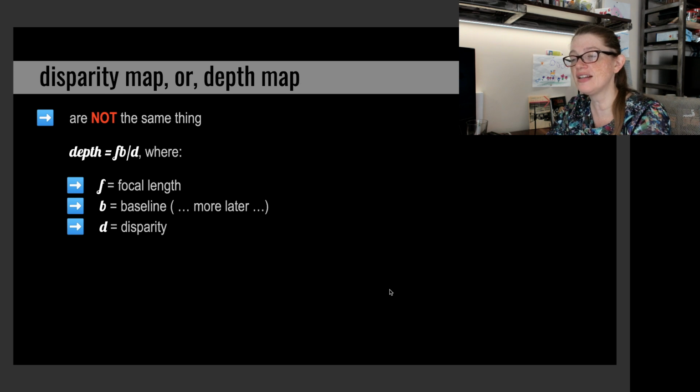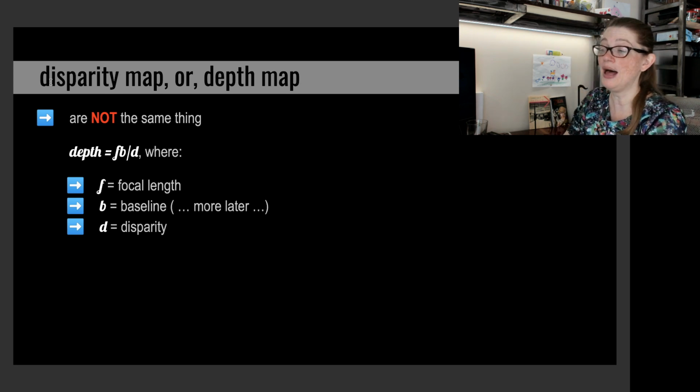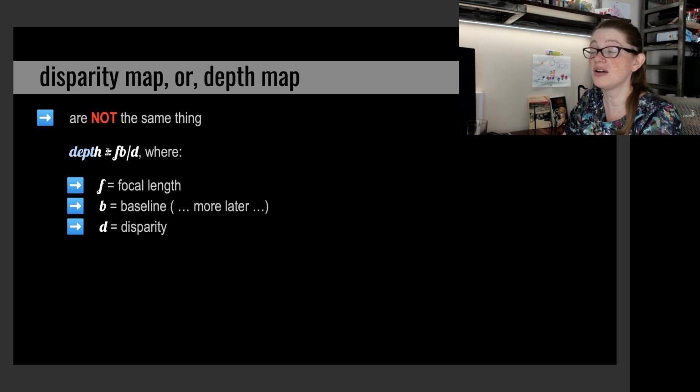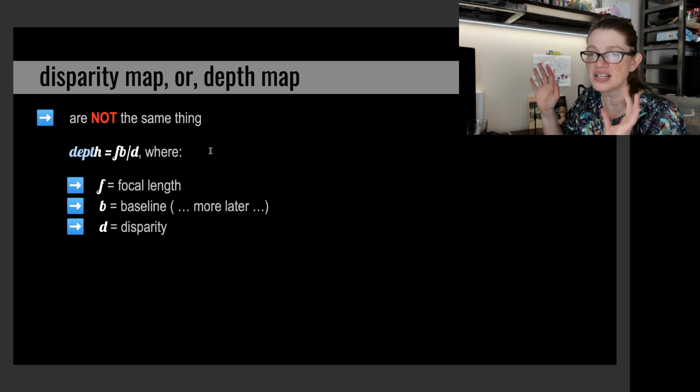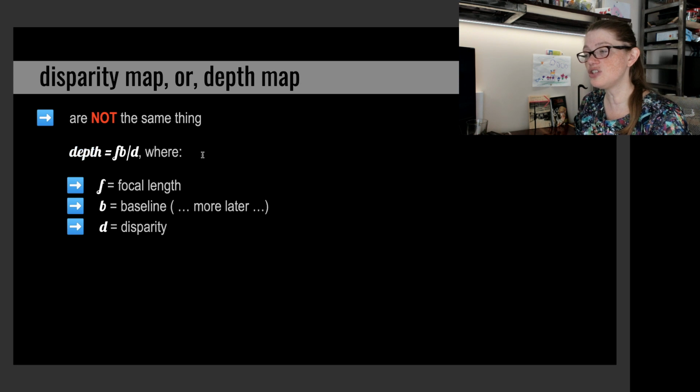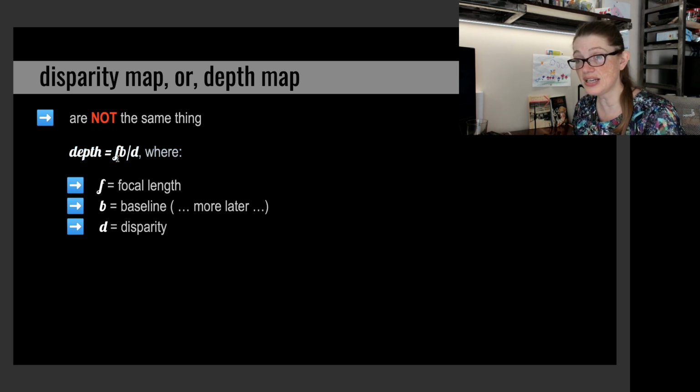We have depth equals F times B divided by D. What does all of that mean? This equation explains how depth and disparity are related, and they are related. You can convert disparity into a depth map and a depth map into a disparity map using this very formula. So what are these other terms other than depth? D is going to be the disparity.